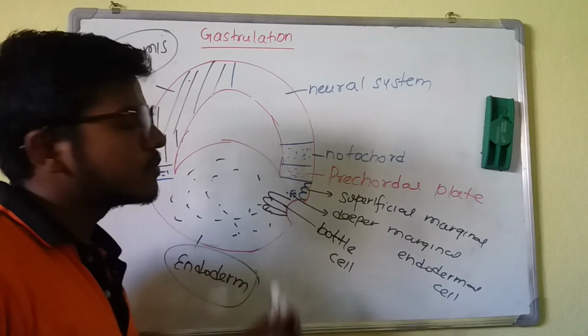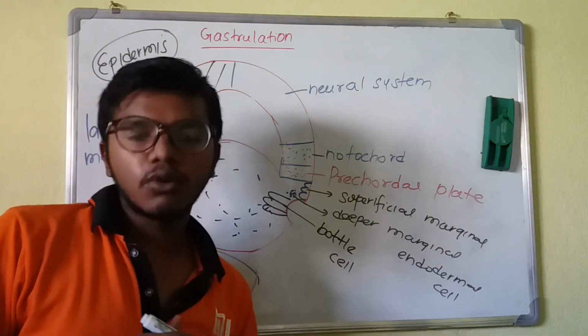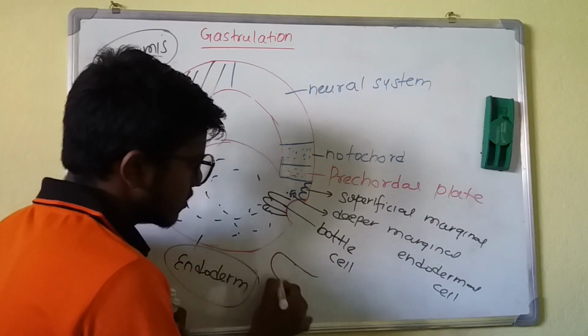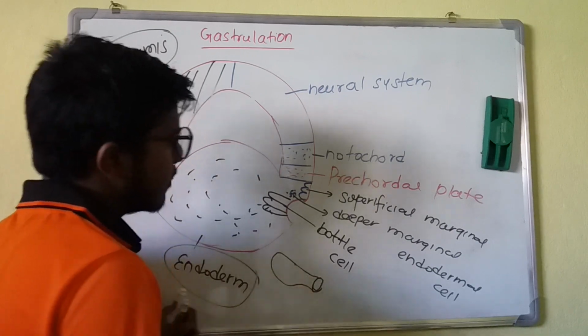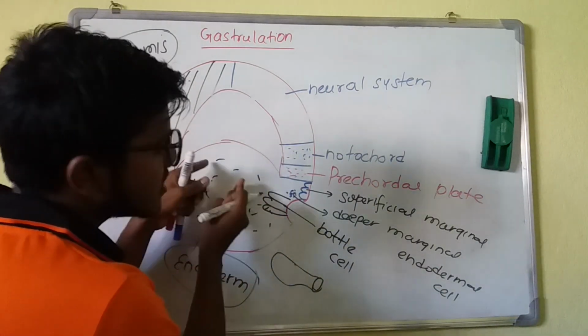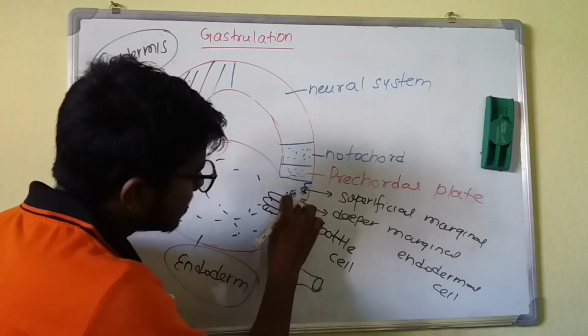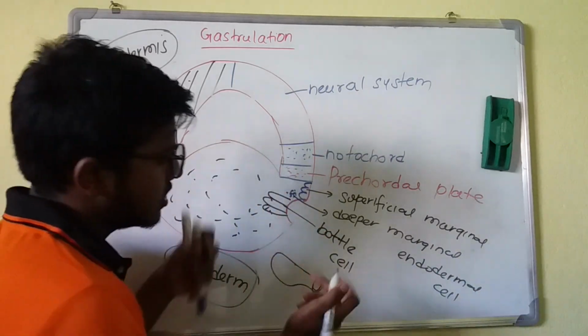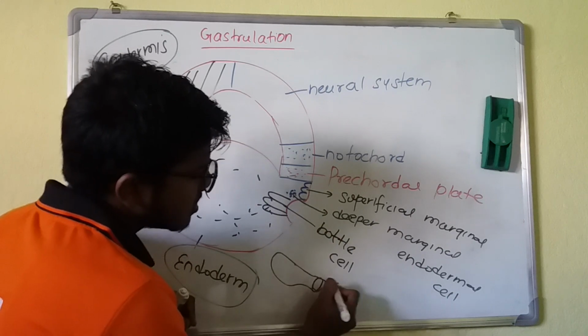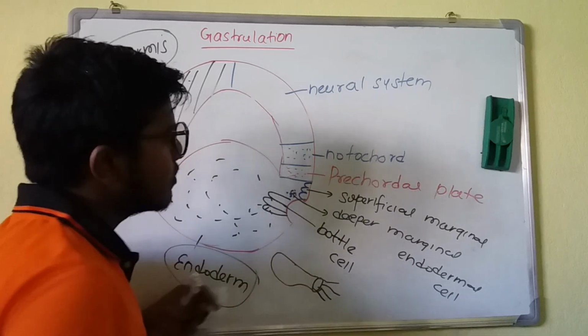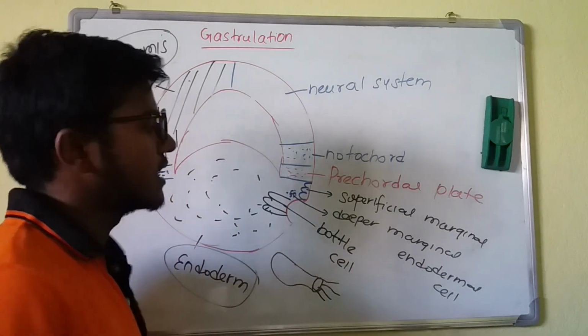So what is this bottle cell? Bottle cell is the same as a Coca-Cola bottle. The movement is towards the embryo proper. That is the body, whereas its neck is the part that will go into constriction, and the mouth has cytoplasmic strands that maintain contact with the outer side.